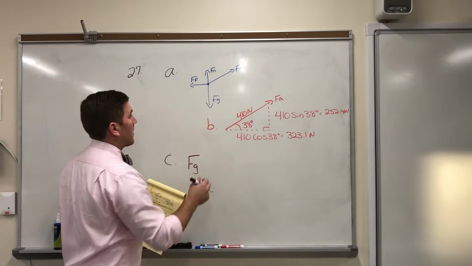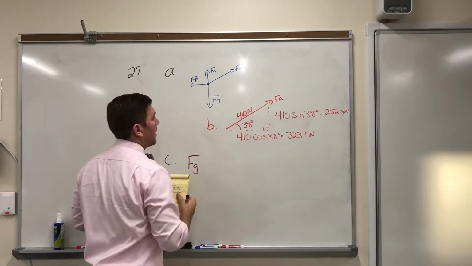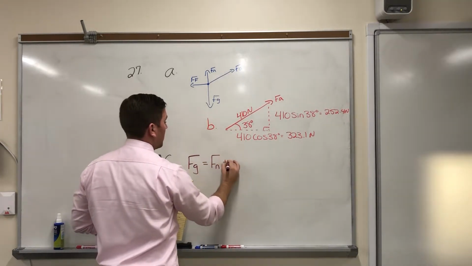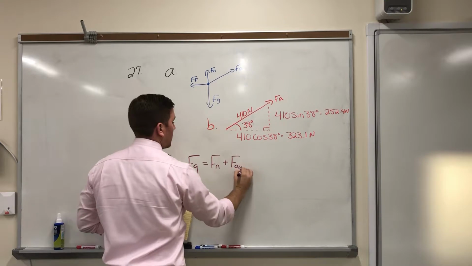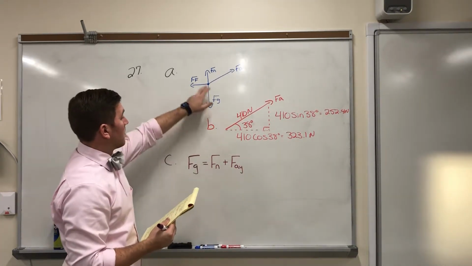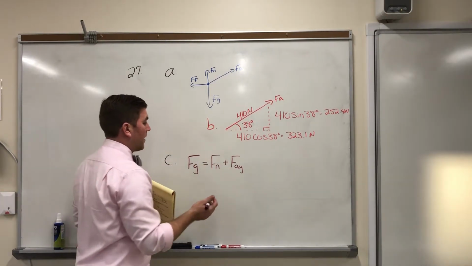That is no longer the case because I have this other vertical vector, this vertical part of the applied force. So it's actually going to be something like this. The force of gravity is equal to the normal plus that vertical applied force.